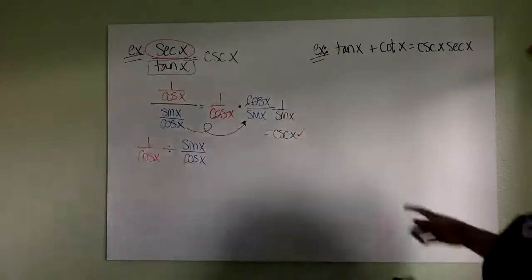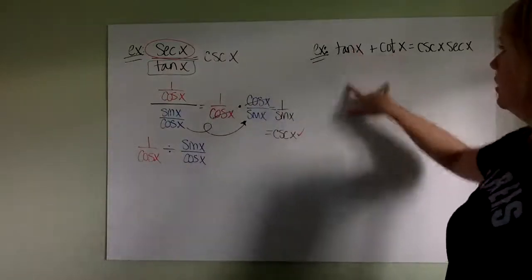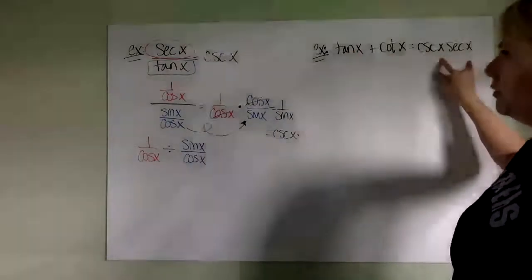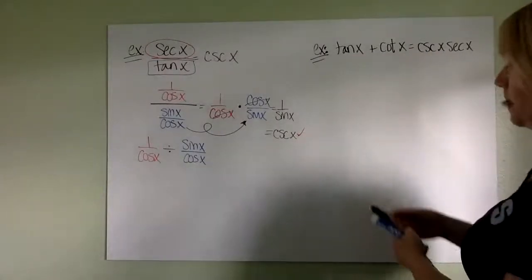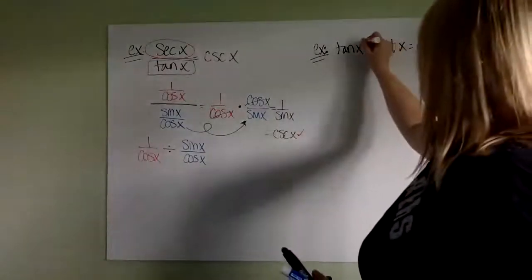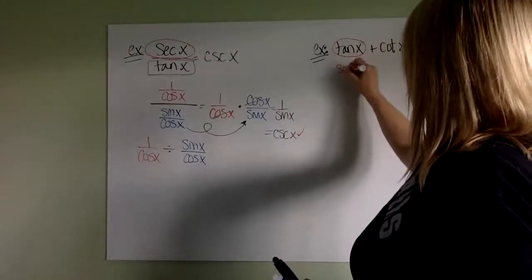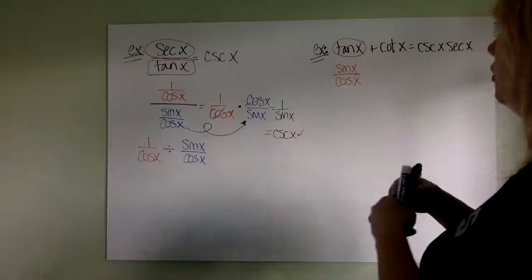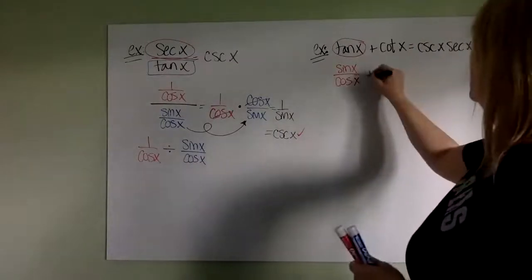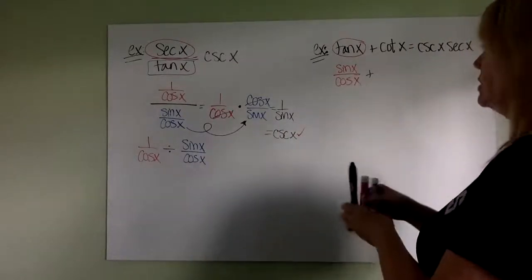So again, like I did over here, I'm just going to work on the left-hand side. I'm going to try to make it equal the right-hand side. I'm going to switch this stuff to sines and cosines. So the tangent is the sine over the cosine, and the cotangent is the cosine over the sine.